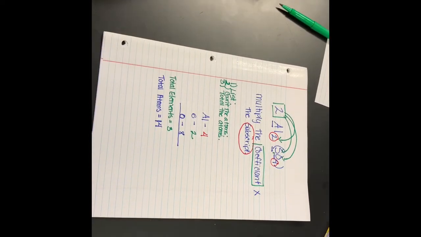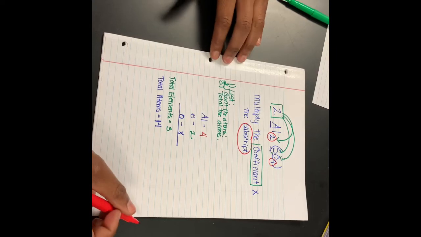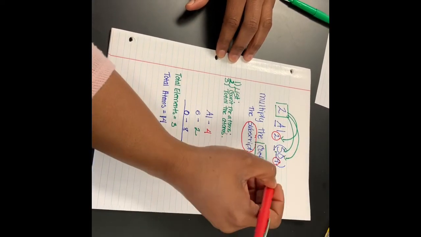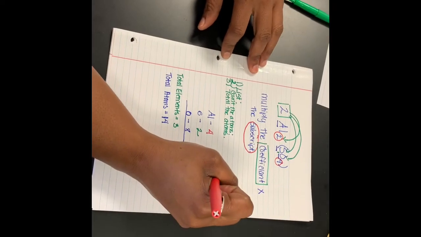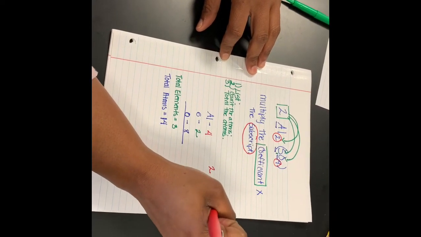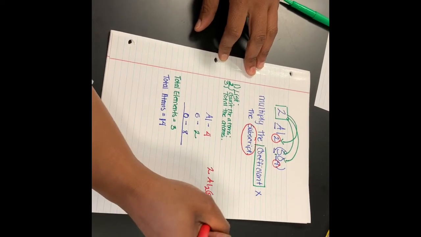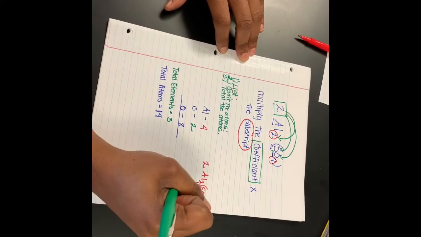Another way we can do this, it's the longhand way, but I want to make sure that I show you it's the exact same thing. Instead of multiplying across, I have a coefficient of 2. So I can write 2Al2SO4 2 times and then add it up the same way.